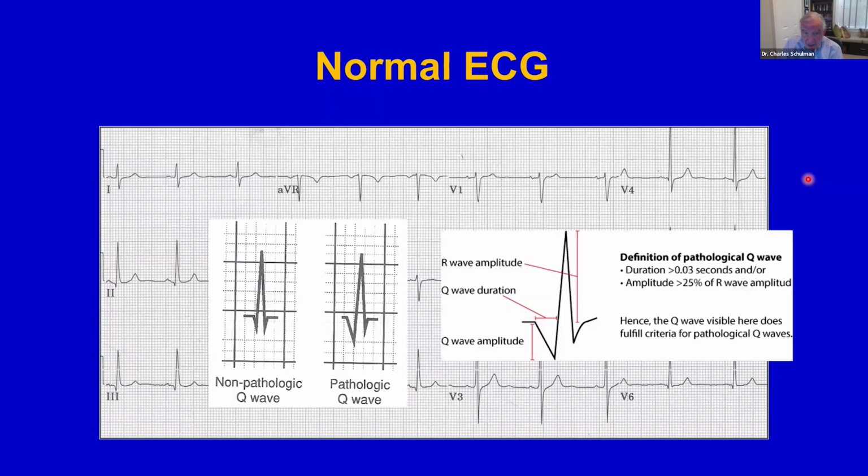The answer comes by looking at the Q wave. A non-pathologic Q wave will be narrow and short. A pathologic Q wave will be wide and perhaps 25% of the R wave amplitude. So this is a pathologic Q wave. This is not.